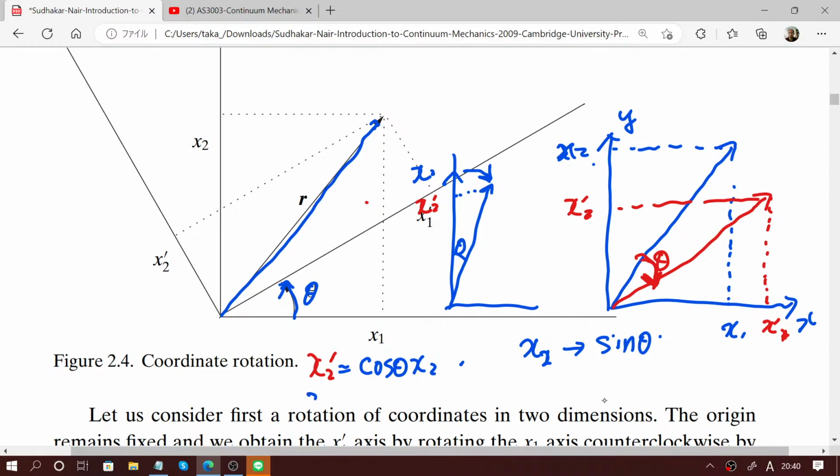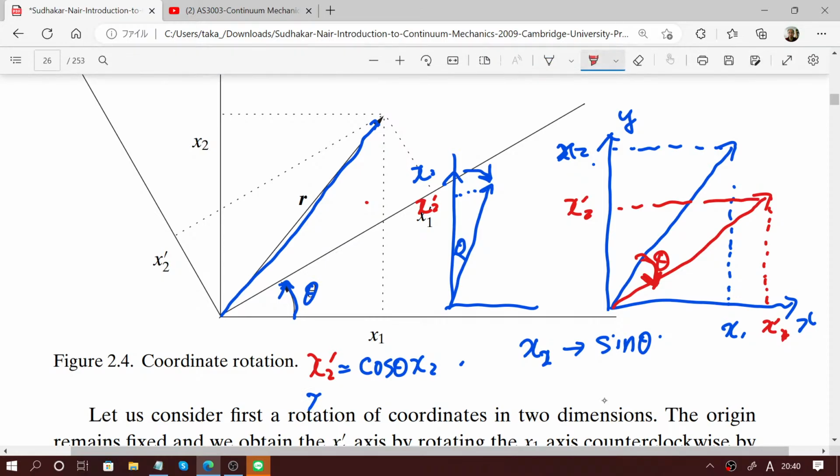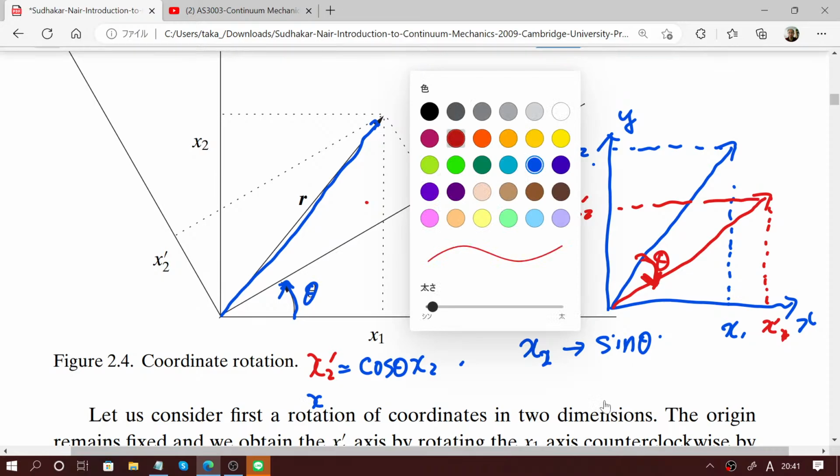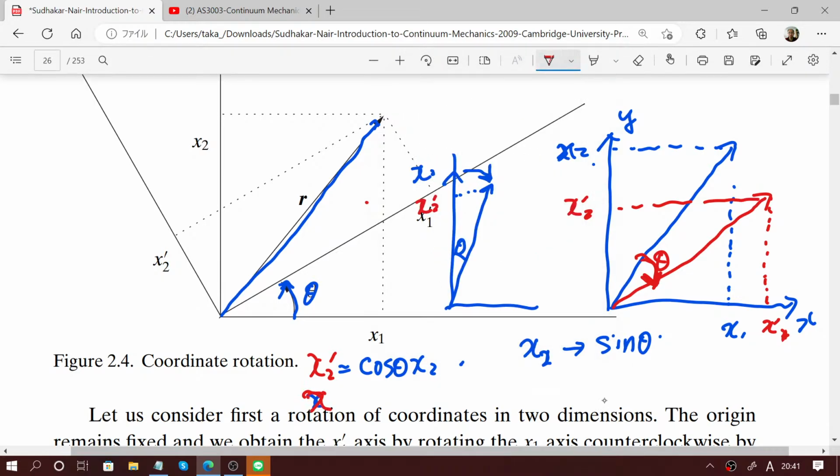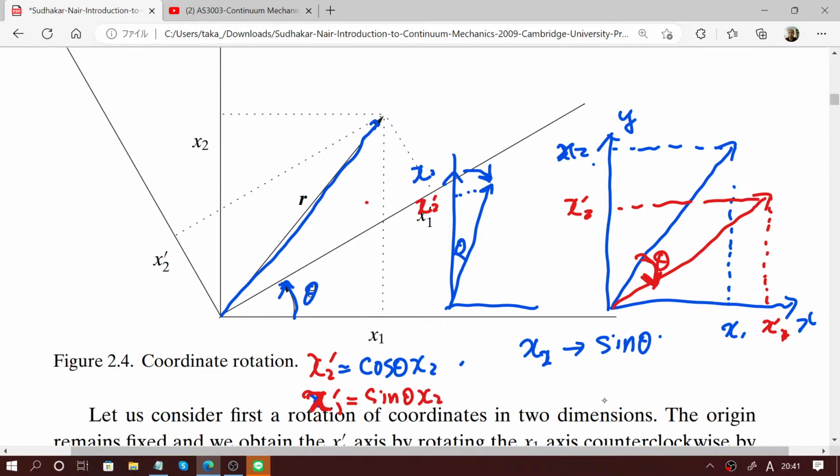Then here x1, sorry, I have to use red. x1 prime is sine theta x2. Yeah, x2 goes with sine theta. Does it make sense? Same way, you can consider x1 here.